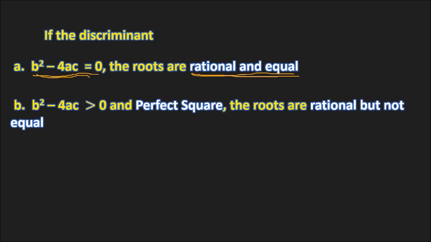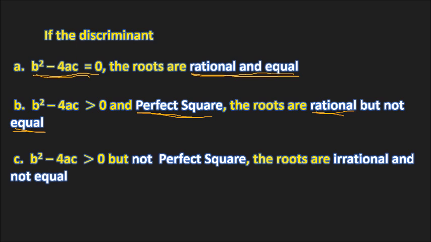If our b squared minus 4ac naman ay greater than 0, and at the same time, it's a perfect square, then yung roots ng quadratic equation mo ay rational but not equal. And if ang b squared minus 4ac ay greater than 0 pero hindi siya perfect square, not a perfect square, then it's irrational and not equal.